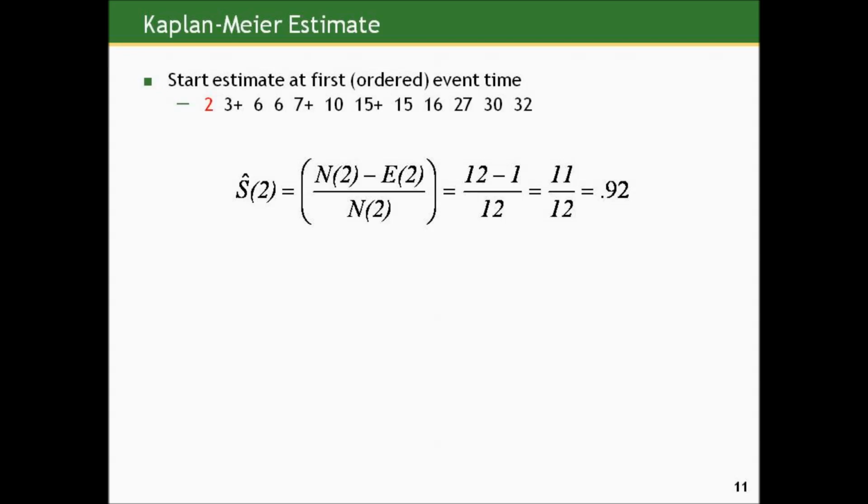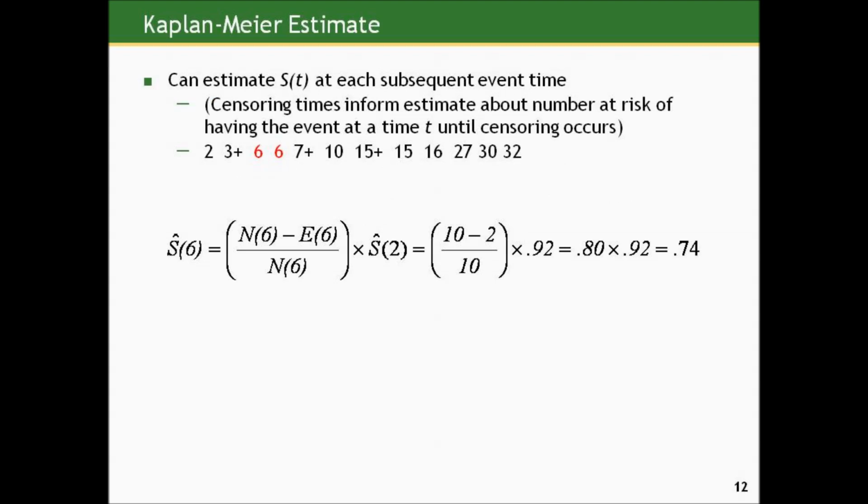So 92% of the persons who could have had the event did not and survived beyond time 2. And what proportion of the original sample was around right before time 2? Well, it was the 100% we started with. So 92% of the 100% who could have had the event did not at time 2, which means 92% of the original sample survived beyond time 2.